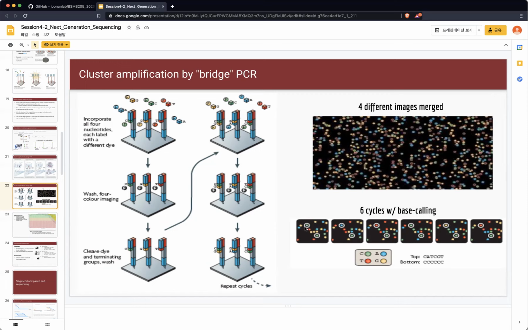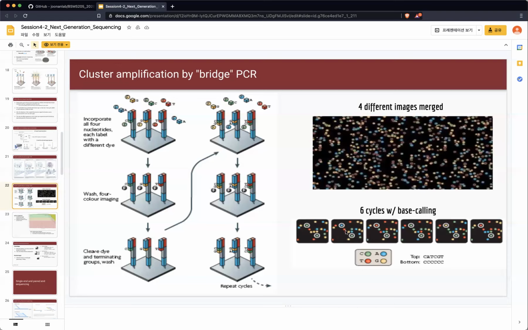So let's say on here, this is the one library strand bound onto the primer station, like in here, right? That's probably this one, right? And then this is the first cycle. So first cycle is C, so green color. And the second cycle will be the same position because the camera images from the top, right?